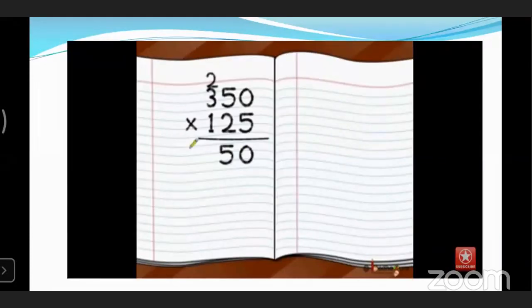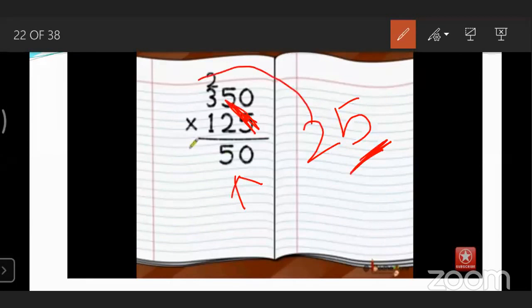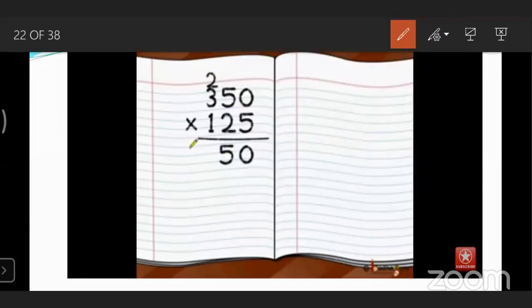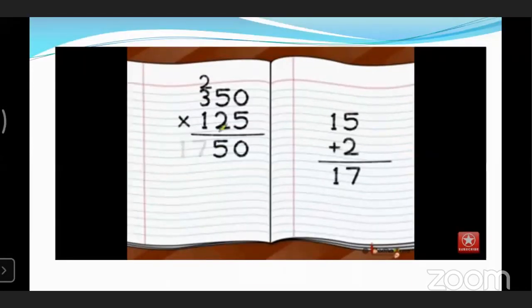Now next is 5 5s are 25. Very good. 5 5s are 25. So unit place 5 we have written here and 2 carry over here, right? Yes. Now next step.